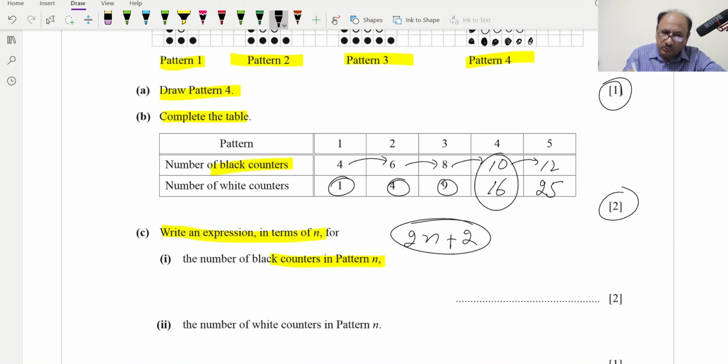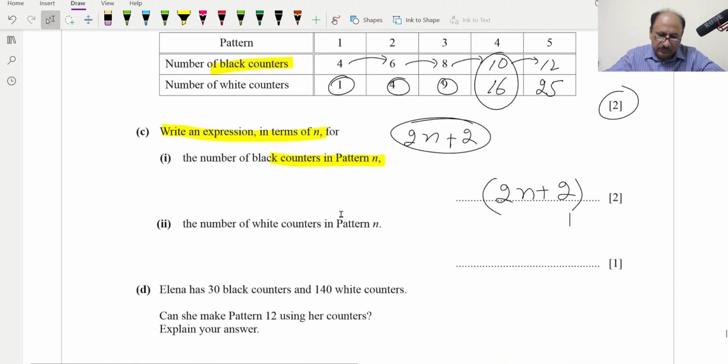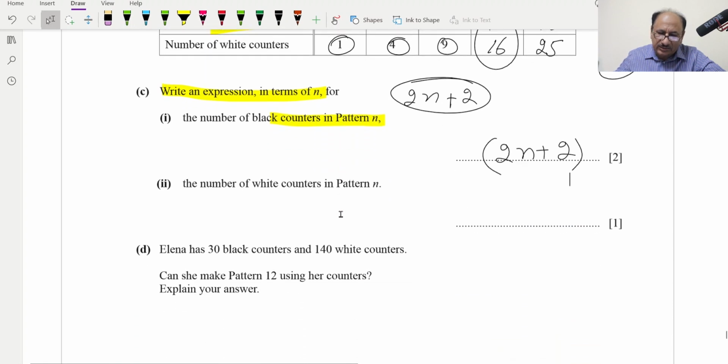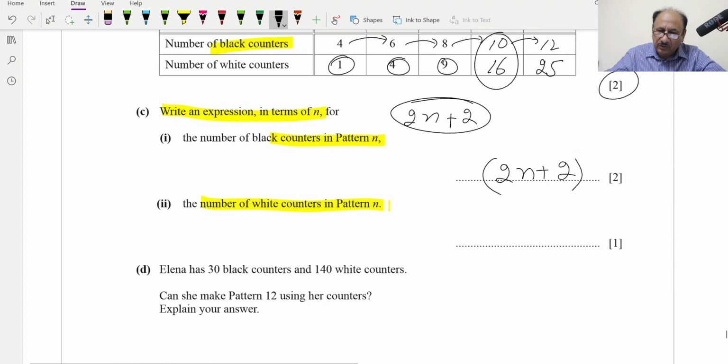So 2n plus 2 will be the answer for this one. And the number of white counters in the pattern: we have the sequence 1 square, 2 square, 3 square, 4 square, as I explained. So this will be n squared. So this will be a quadratic sequence.